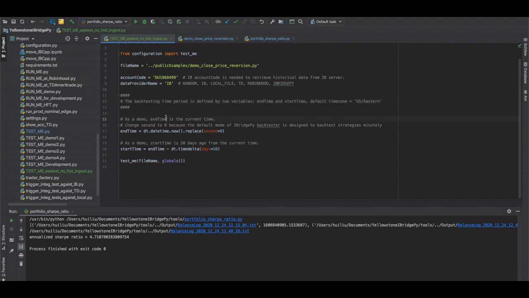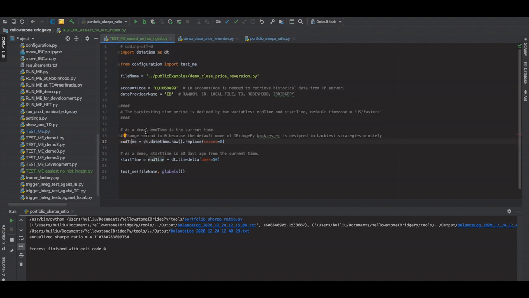Okay, as a demo, I defined the end time using a Python package called datetime, and define dt.datetime.now, which means the current time. And also, because the current second may not be 0, I use a dt function called replace and set the second to 0.